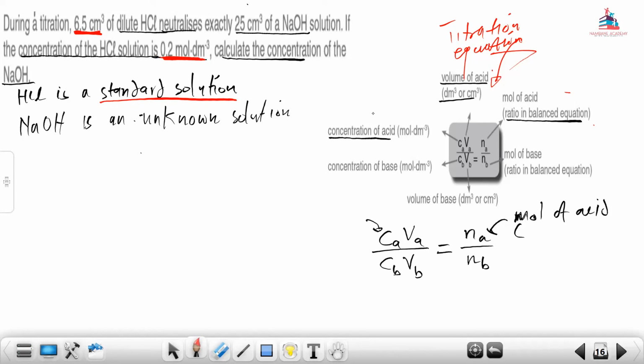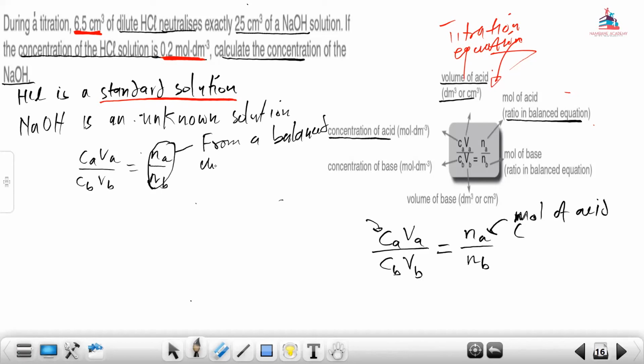Okay, let me try and explain. It will be CAVA over CBVB, which is equal to NA over NB. But something now becomes wrong already, because I need this from a balanced chemical equation.